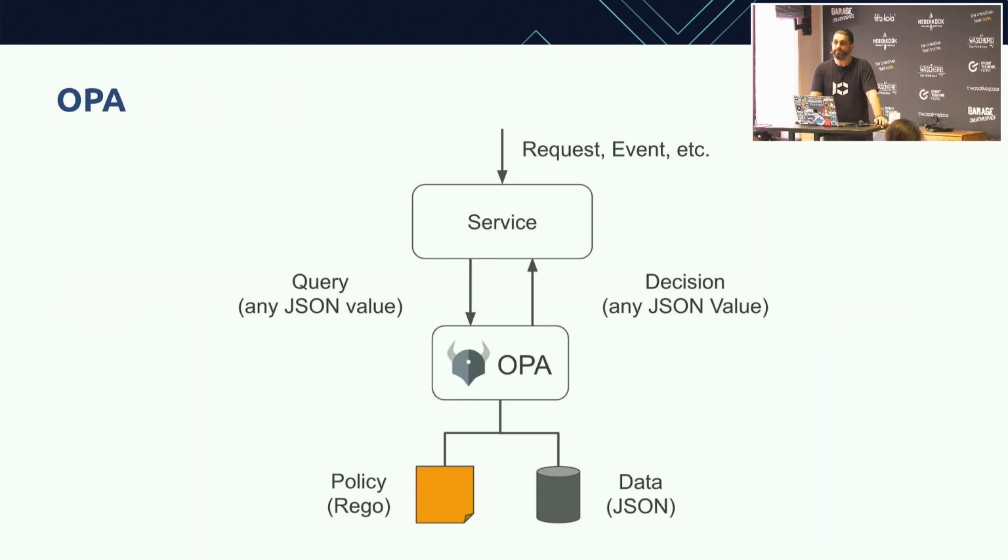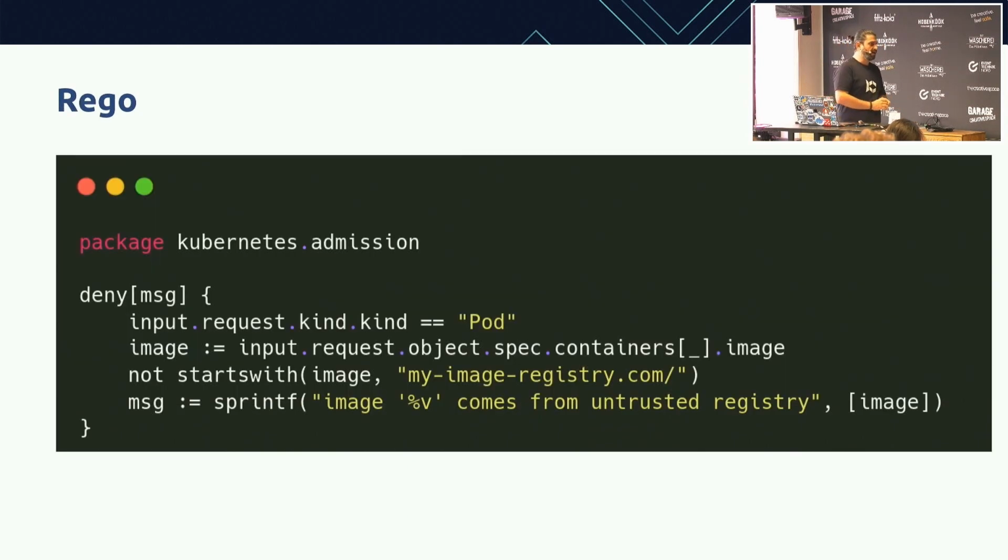There's OPA. OPA is a more generic policy engine. It's not specific to Kubernetes. You can use it with Kubernetes, but you can use it in your whole environment and on other products as well, where you define rules and policies with a language called Rego.